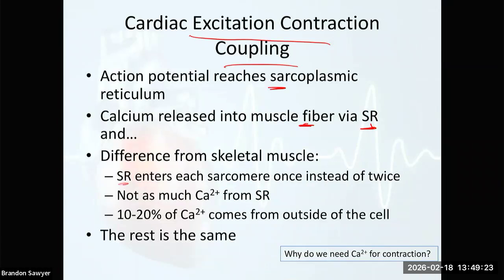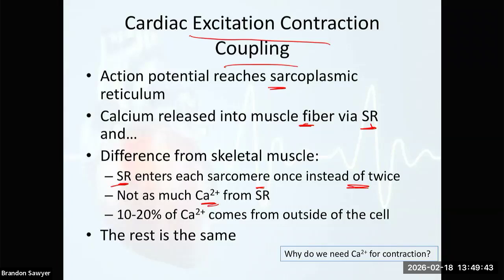Number one, the sarcoplasmic reticulum enters each sarcomere only once instead of twice in cardiac muscle. And in cardiac muscle cells, the sarcoplasmic reticulum just doesn't have as much calcium in it. So we don't have the ability to dump a bunch of calcium in from the sarcoplasmic reticulum.